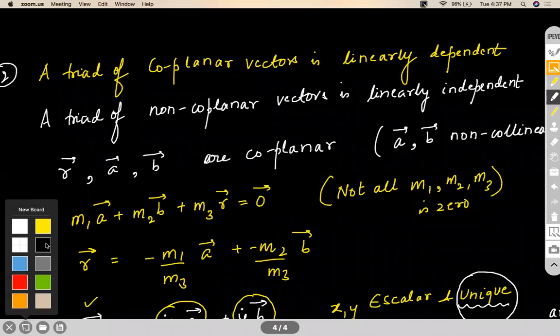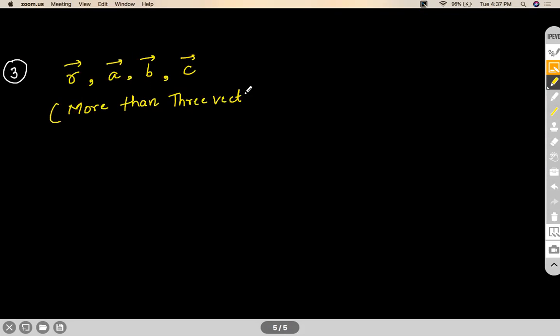Now coming to what Sai was saying. If there are 4 vectors, let's say R, A, B, and C, these 4 vectors, or more than 3 vectors to be more precise, will always be linearly dependent.